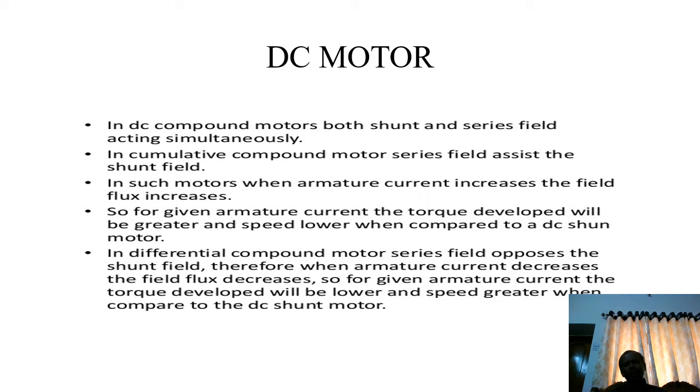In the differential compound motor, the series field opposes the shunt field. Therefore, when armature current increases, the field flux decreases. So for a given armature current, the torque developed will be lower and speed greater when compared to the DC shunt motor. This is the observation we make in the case of the DC compound motors.